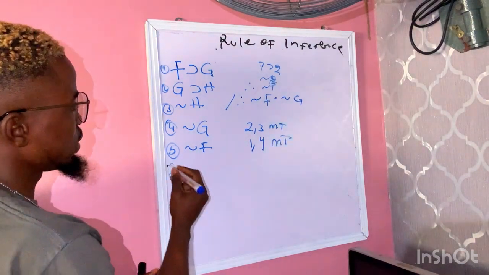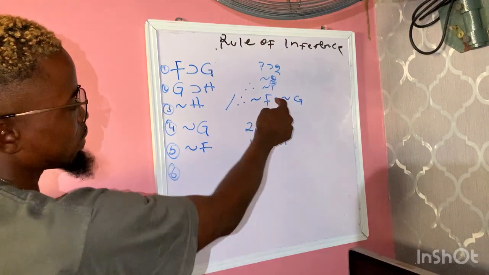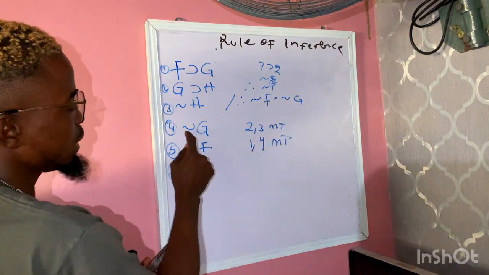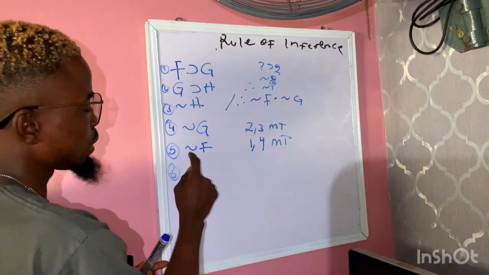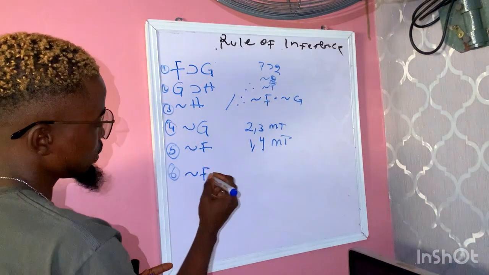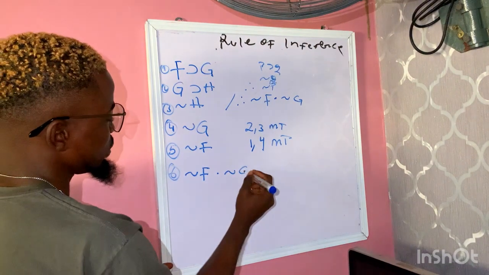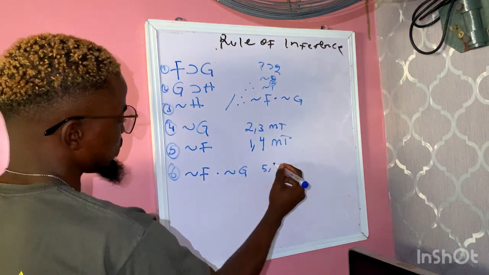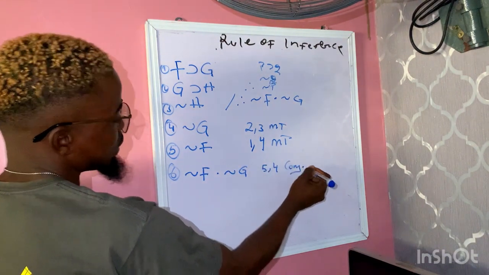Then number 6. So negation F and negation G is what I'm looking for. I already have negation G to stand on its own, and I also have negation F to stand on its own. All I just need to do is to say negation F and negation G, 5 and 4 conjunction. Then I've answered the question.